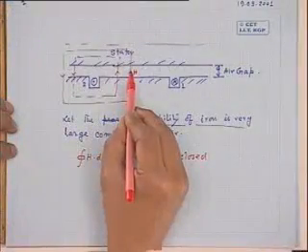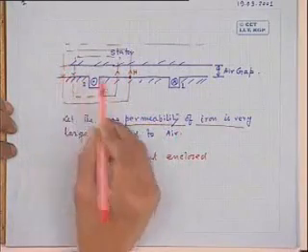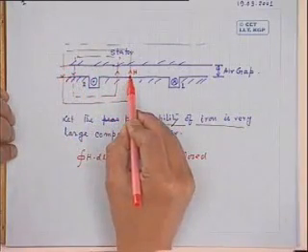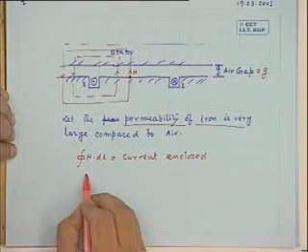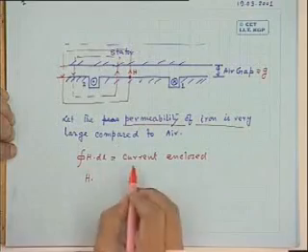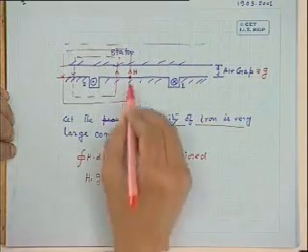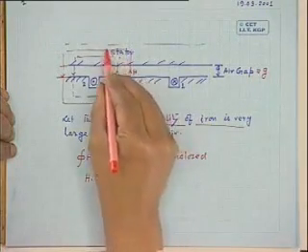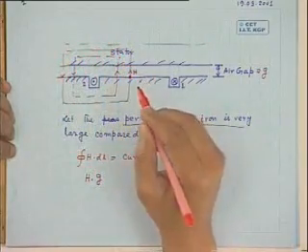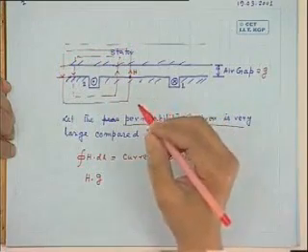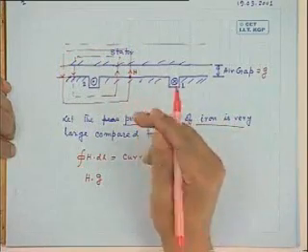Therefore, if this is the value of H for this path, suppose I start from this one. H into G, where G is the air gap length. Whatever is the value of H, I want to calculate H into G here. Then from this to this, no MMF drop because the reluctance offered by the iron is very small.